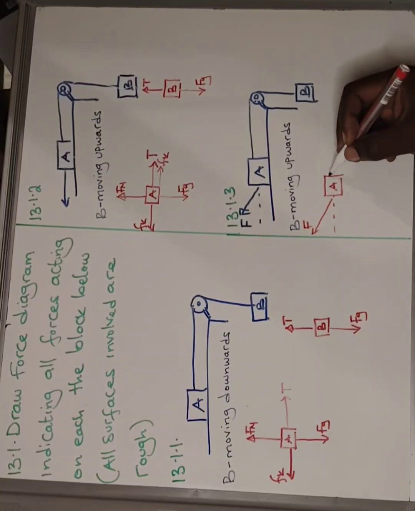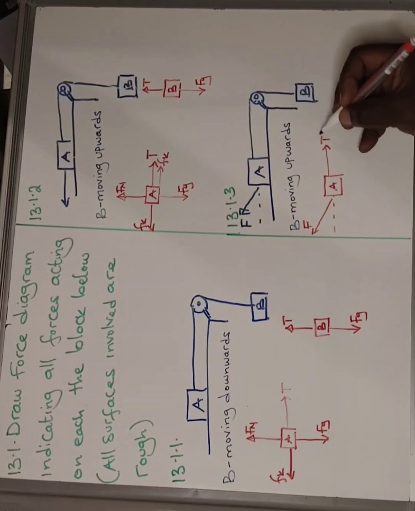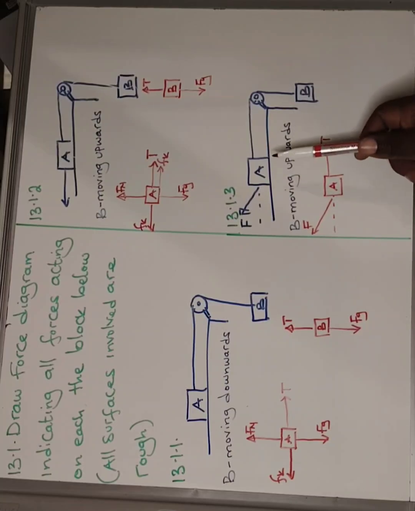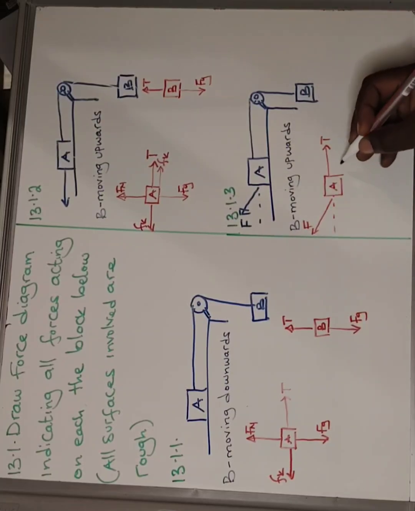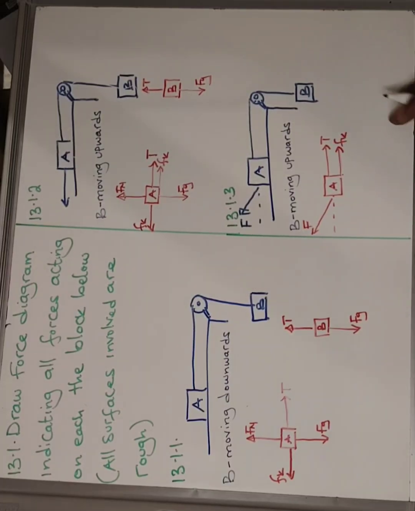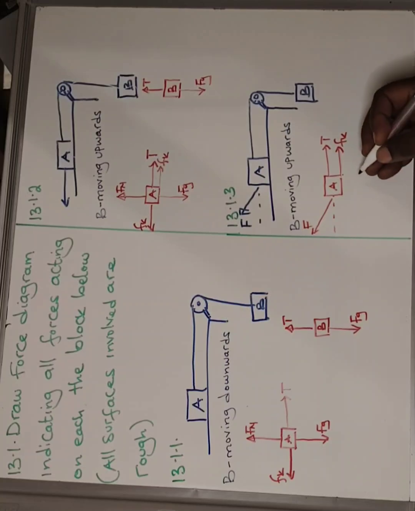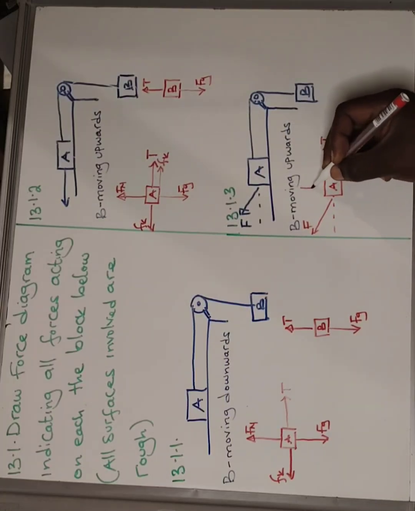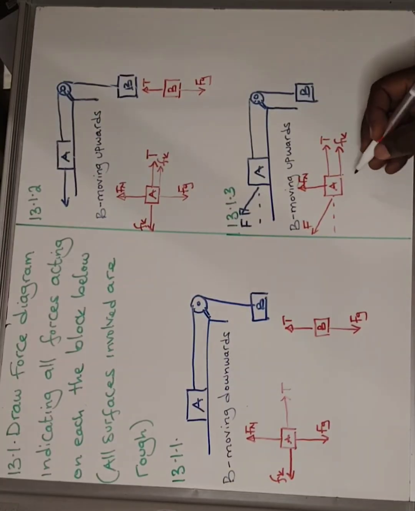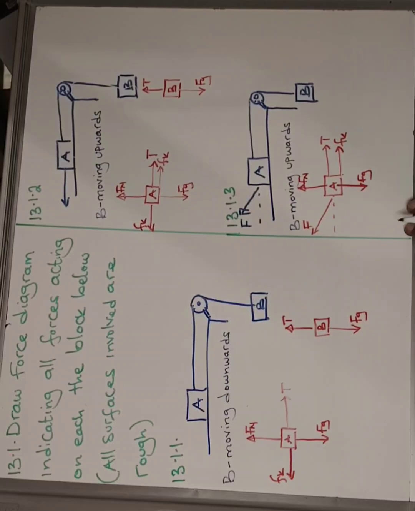We have our tension due to the string. And remember, B is moving upwards, so A is moving to the left. What does that mean? That our friction force is to the right. What else do we know? The body is sitting on the ground, so we have our normal force. Then we have our Fg. So what we see here are the forces which are acting on A.